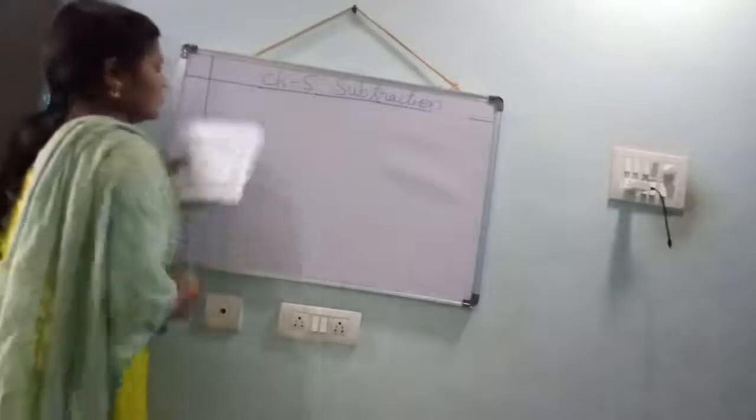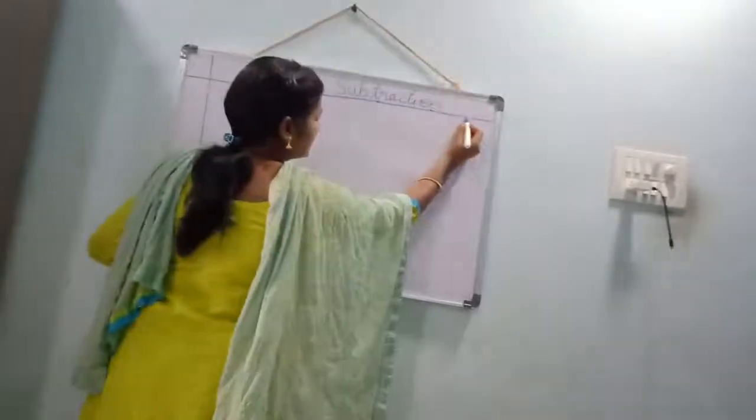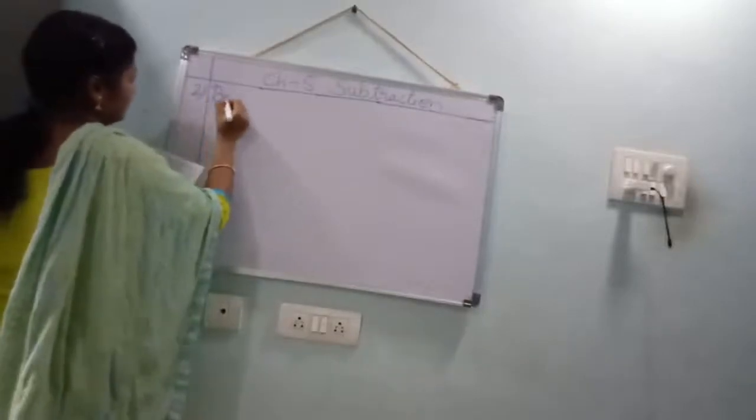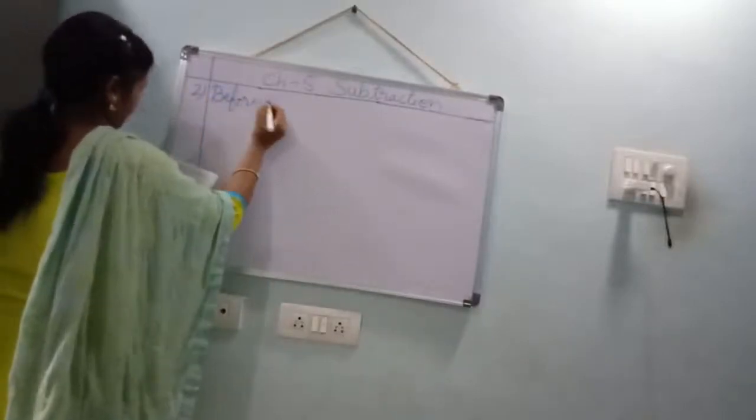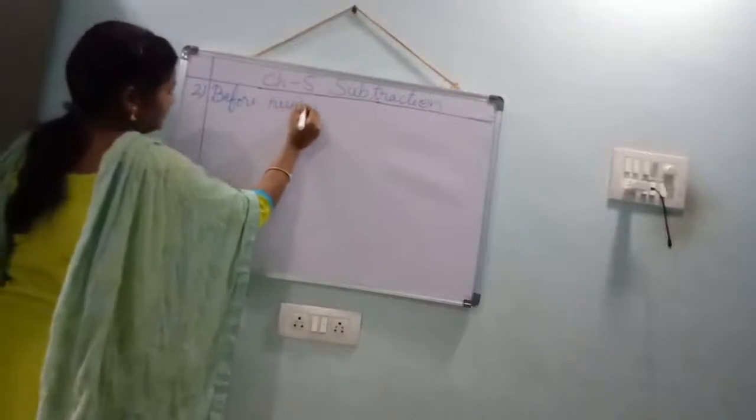You learned zero property. Now, before number property, the second one.